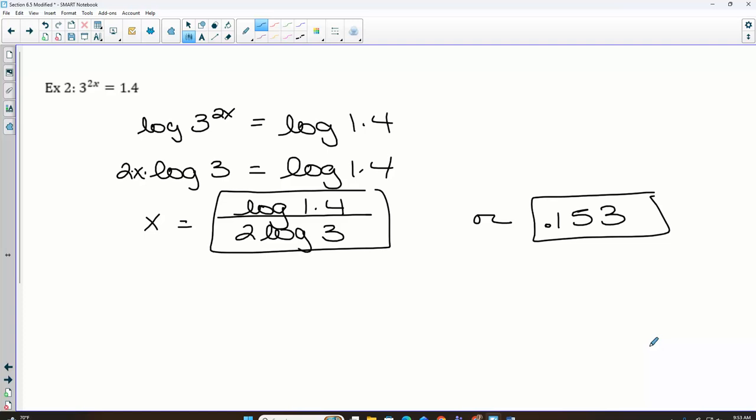If you plug that in, it's equal to 1.39958, so very close to 1.4. It would be more accurate if we kept more decimal places. Did anyone have trouble plugging that in and you need to look at your calculator? Let's try it.